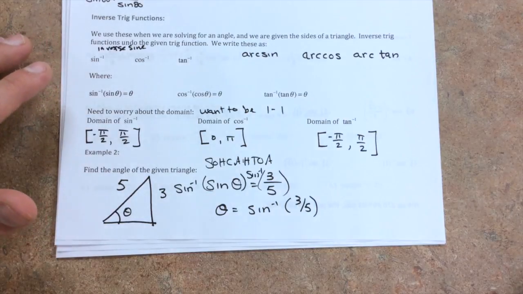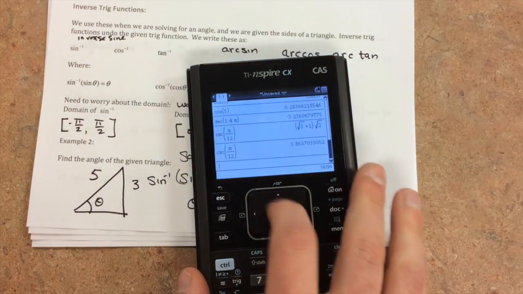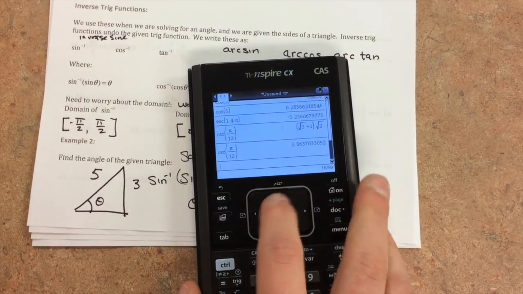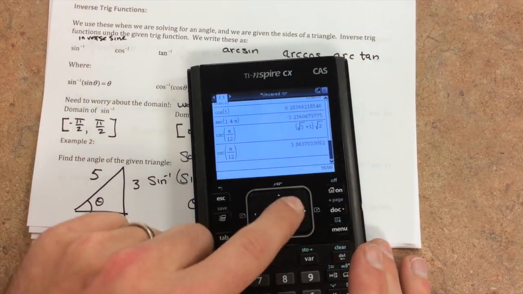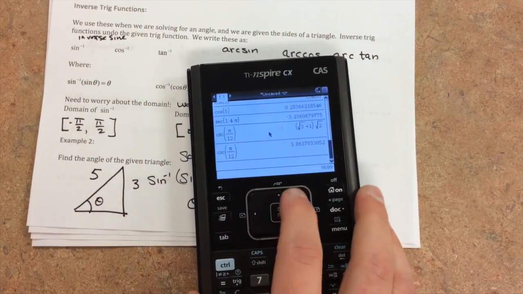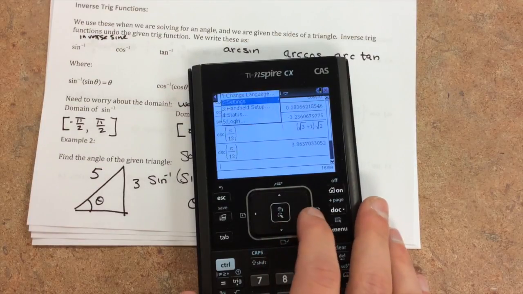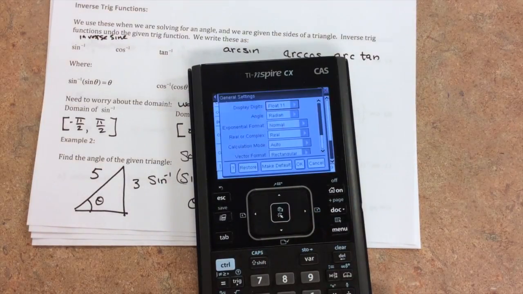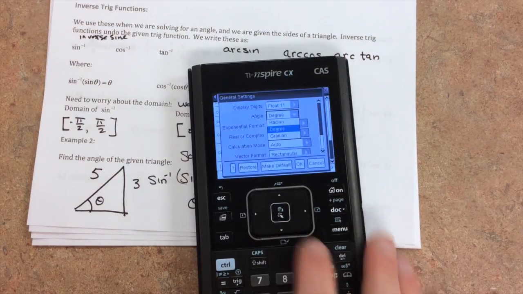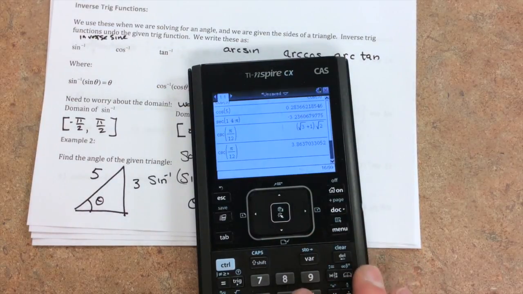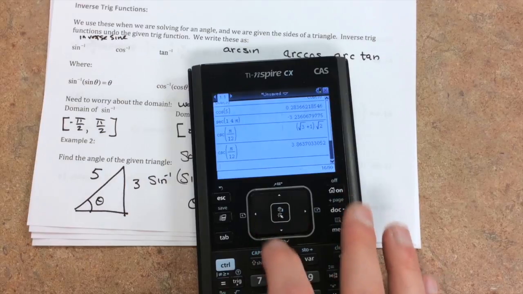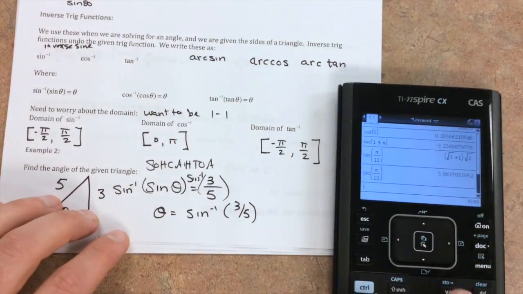Now since we are working with a triangle, we usually want our angle to be in degrees. So let's make sure that our settings are in degrees for any triangle. So settings, let's change that to degrees. Now I'm going to hit inverse sine.